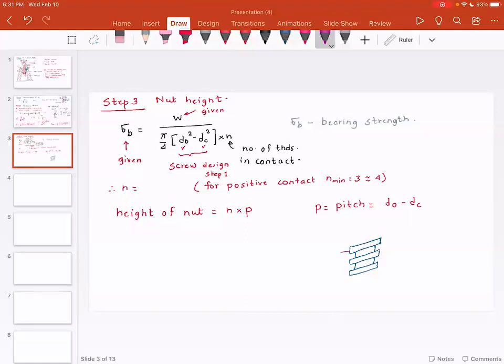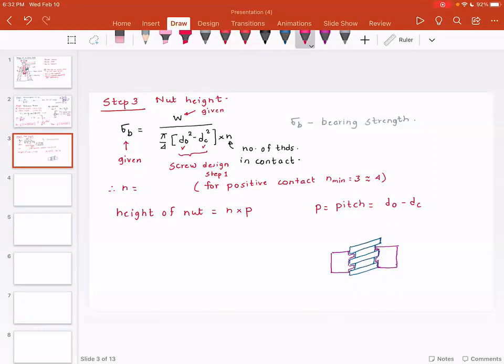This is the nut, and I want you to understand the nut is going to look like this. If you follow the purple shade, this is how the nut is going to look.